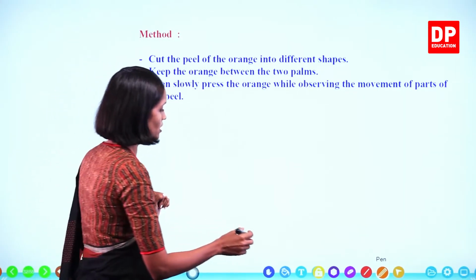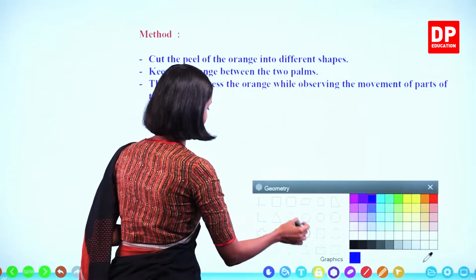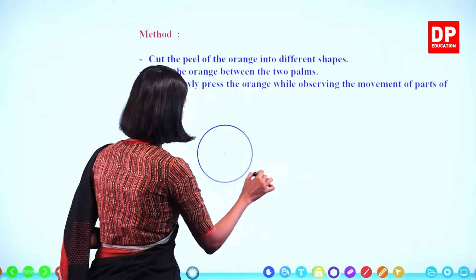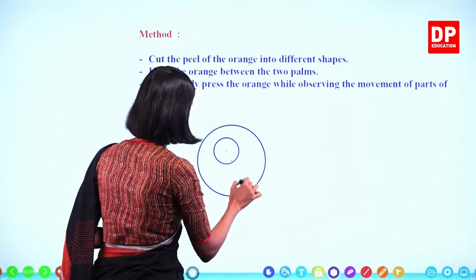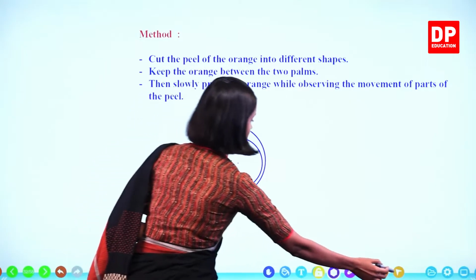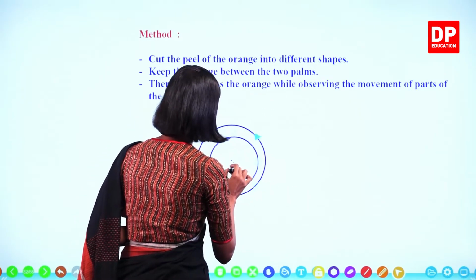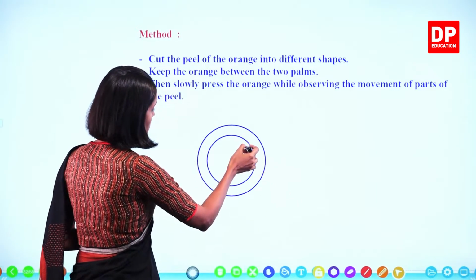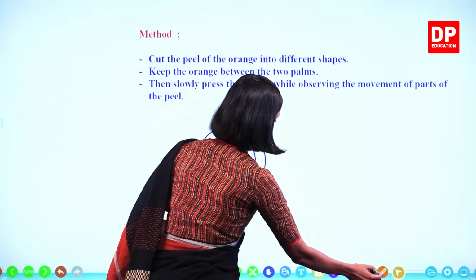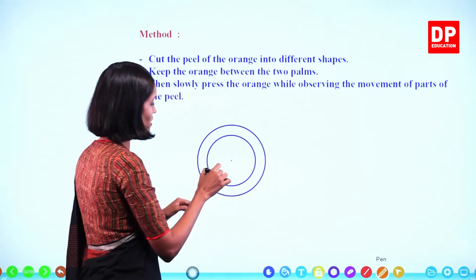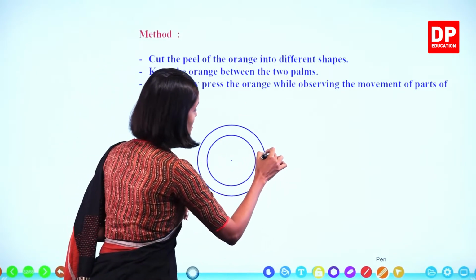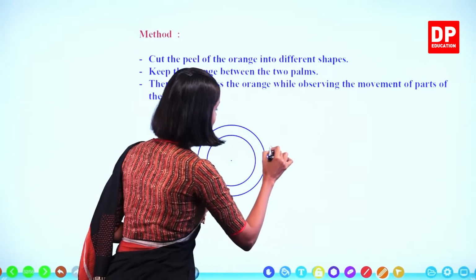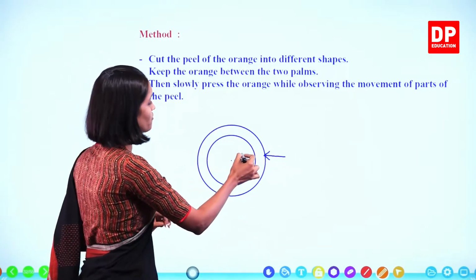Right? So here, when you consider the orange, when you take the peel and the middle part of the orange, if this is the orange, this is the middle part. You can consider the peel as the crust of the earth.